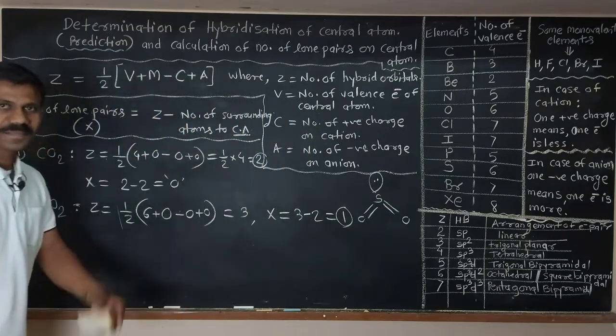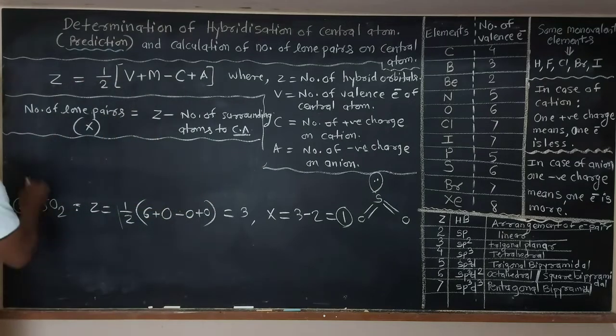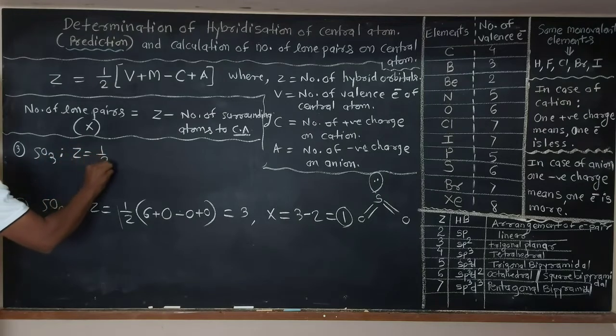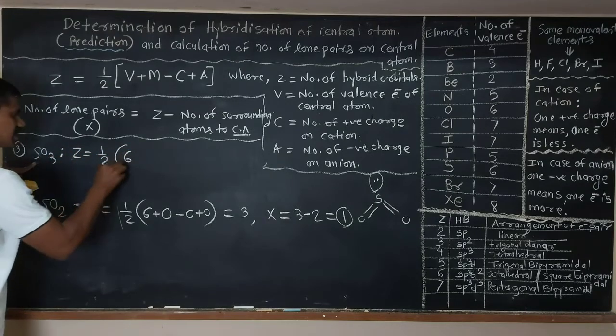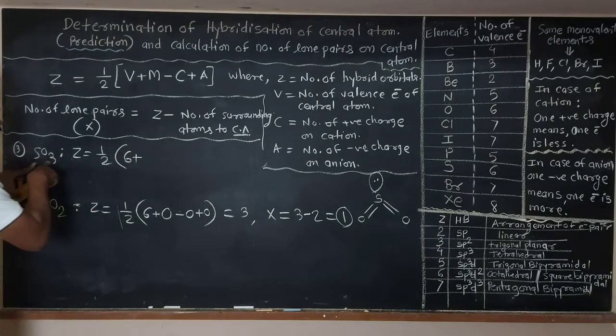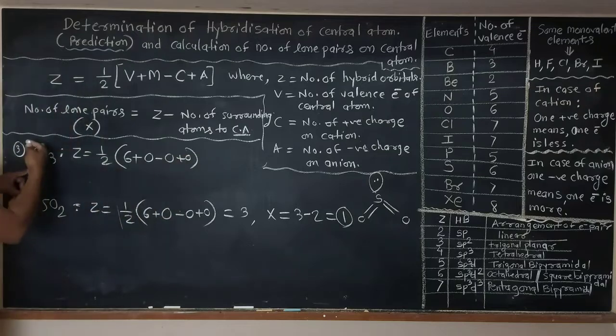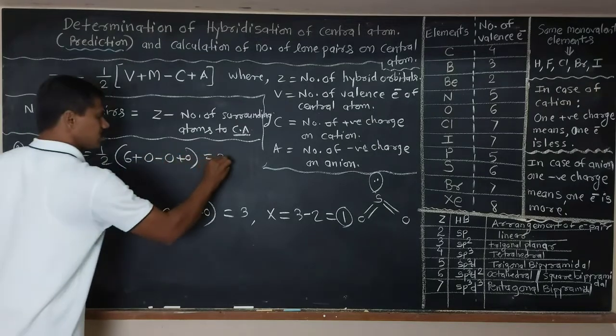Okay, clear? Understanding? The third example is SO3. Z is equal to 1/2 into 6, the valence electrons of sulfur, plus 0 because there is no monovalent atom surrounded to the central atom, minus 0 plus 0, since it is neither a cation nor an anion, so Z is 3.